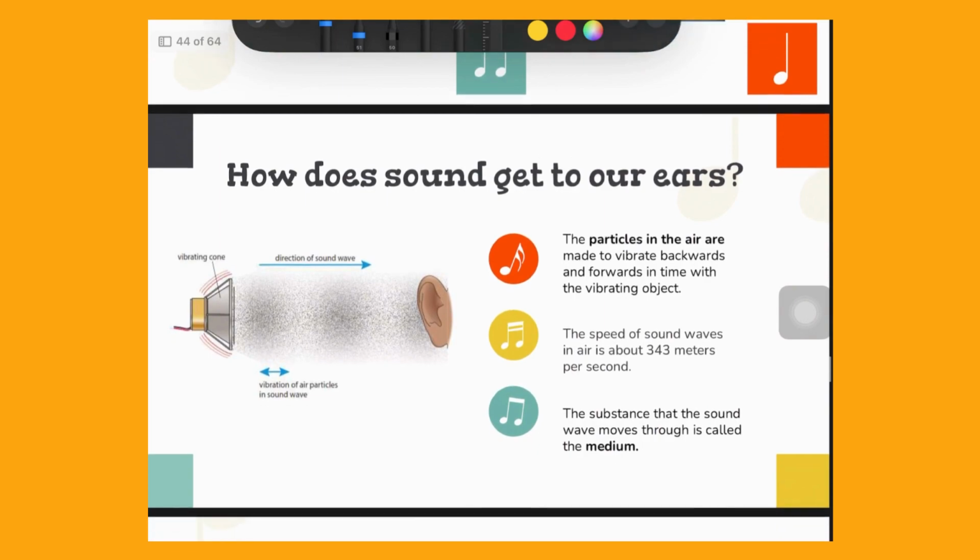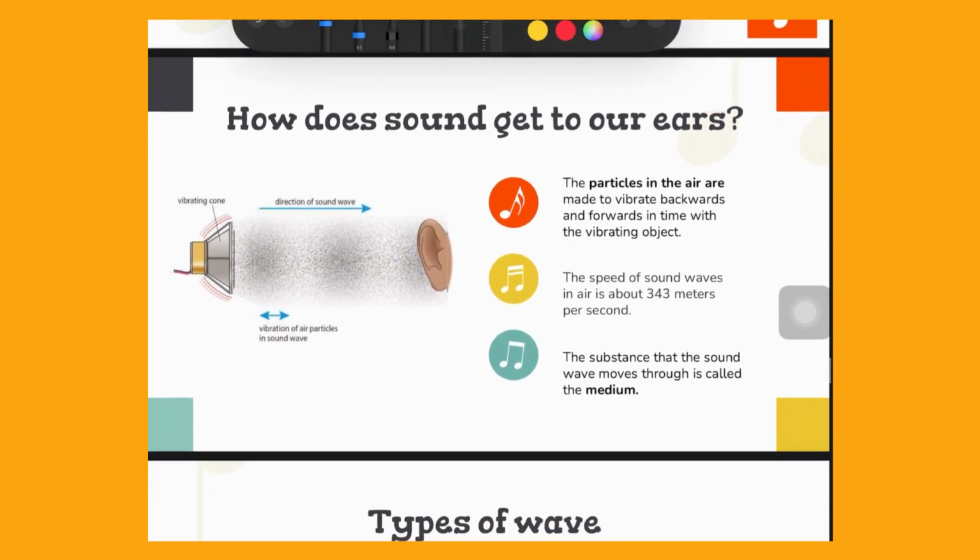Because the sound can travel through the air, how does sound get to our ear? In this picture, the vibrating cone produces sound and then vibrates the air particles in a sound wave, and then it travels to our ear.